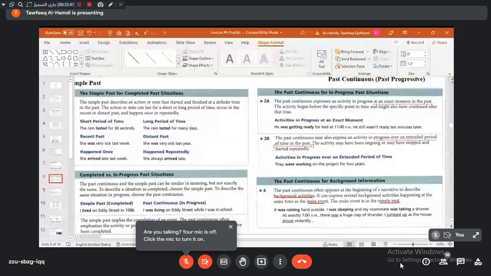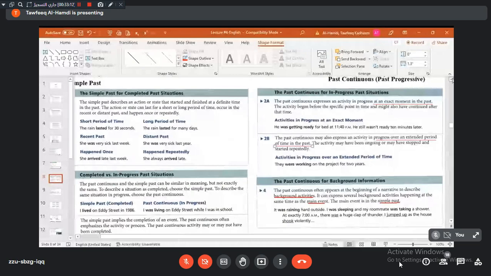When I'm talking about background information, usually I have to use two parts in the sentence. For the part that describes the background activities, I should use the past continuous, while for the main event, I should use the simple past.